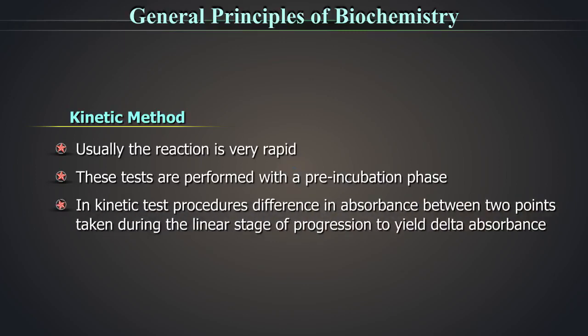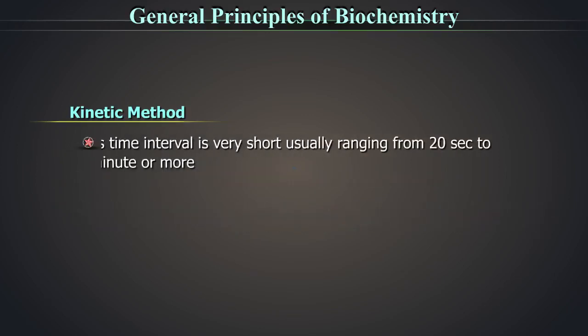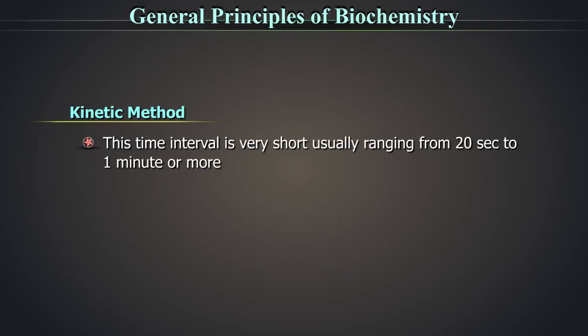In kinetic test procedures, the difference in absorbance between 2 points taken during the linear stage of progression of the test is taken into consideration to yield the delta absorbance. This time interval is very short, usually ranging from 20 seconds to 1 minute or more.